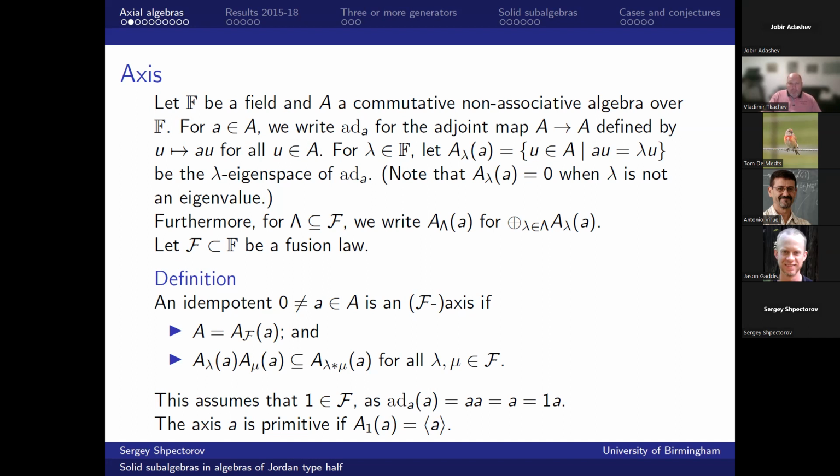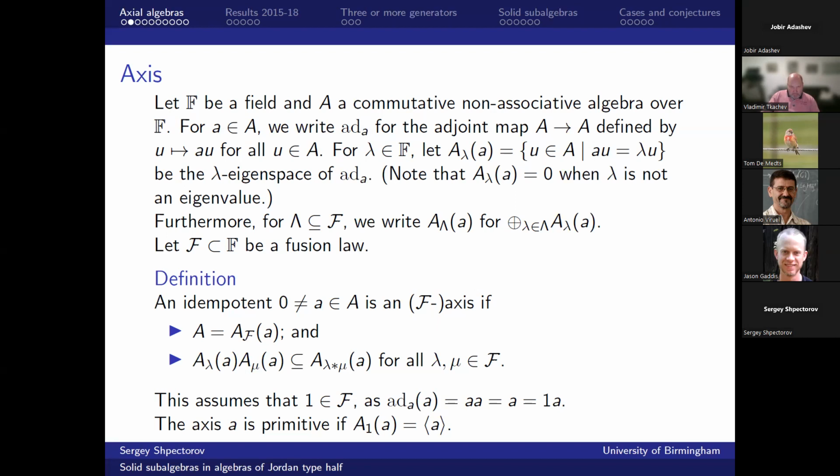We now have a fusion law F contained in our field of scalars, and we have an algebra A, which is commutative non-associative over the field F. An F-axis is an idempotent a such that, first of all, the adjoint of a is semi-simple, and all eigenvalues are in the fusion law F. That is a very limiting property already, but even more so is the second property, that the fusion law actually tells us how the eigenvectors multiply.